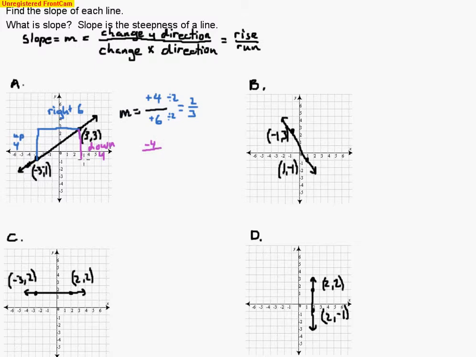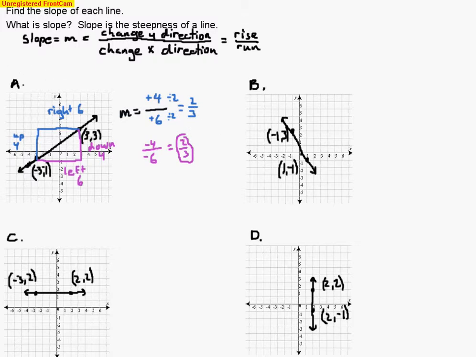And then we have to go to the left 6 spaces to get back to that other point. Left means minus. You can see how to the left are negative numbers, so -6. Either way you do it, a negative over negative makes a positive, so it still is 2/3. No matter which way you do it, you still get the same answer, 2/3. Either one would be correct.